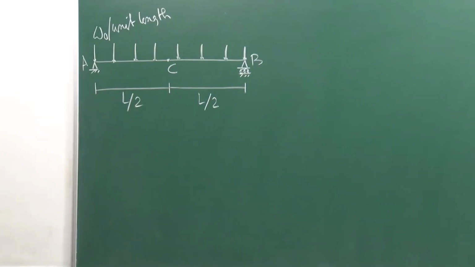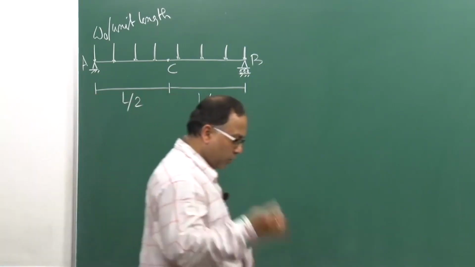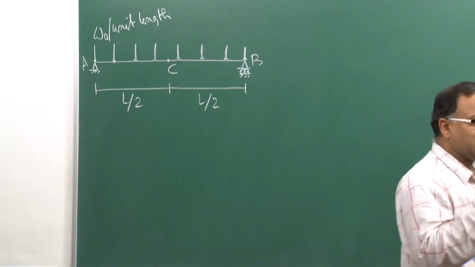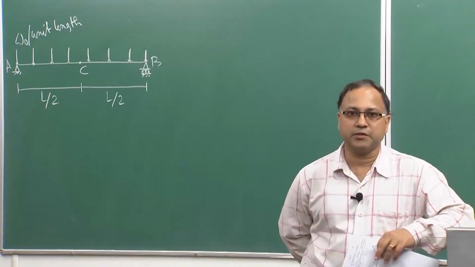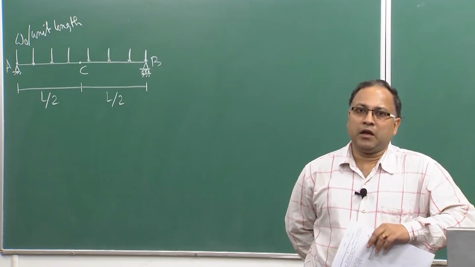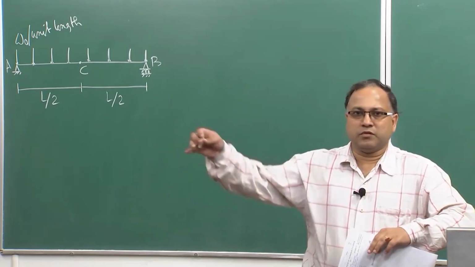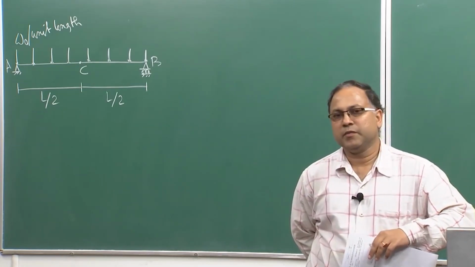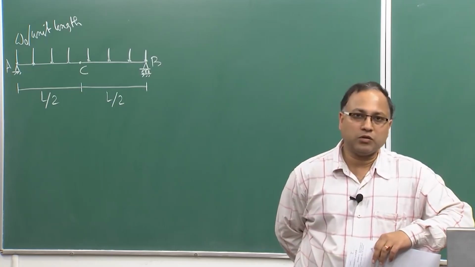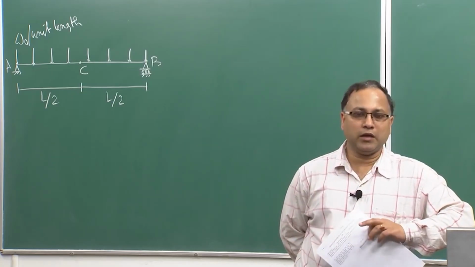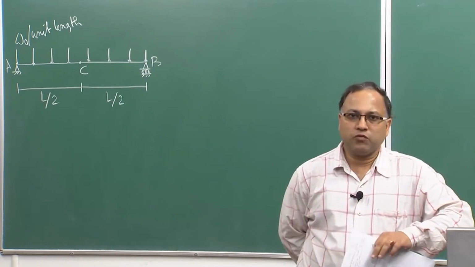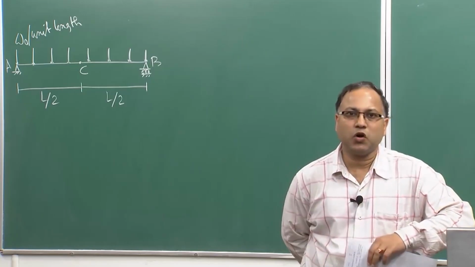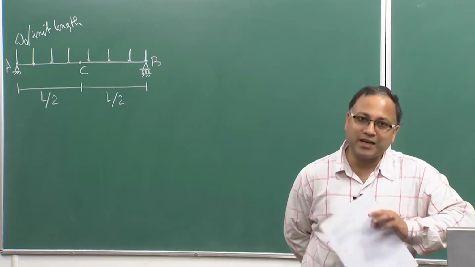Now, as per Castigliano's theorem, if you recall, it says that if you manage to get the strain energy for a conservative system in terms of different forces, and you want to find out the deflection along the direction of a particular force, then that will be equal to the partial derivative of the strain energy with respect to that particular force.